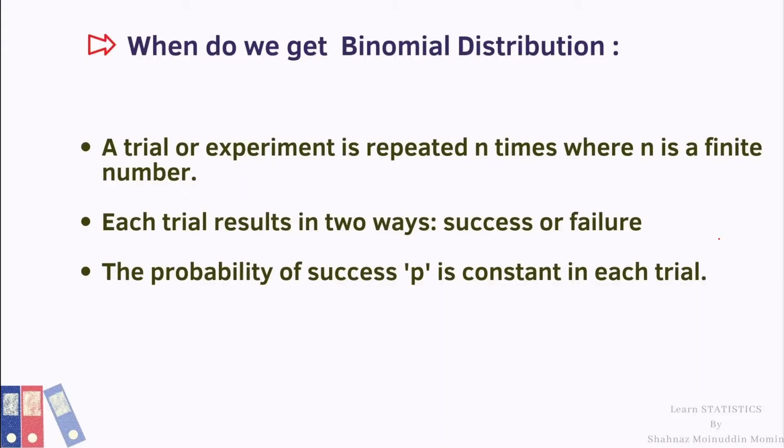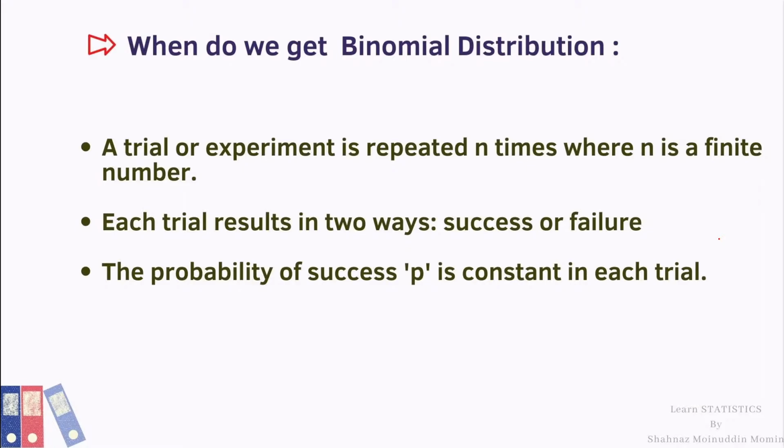Before going to examples of binomial distribution, we must know when we get a binomial distribution. There are some points in which the binomial distribution exists. So let us understand the different points to get the binomial distribution. The first point is a trial or experiment is repeated n times, where n is a finite number.